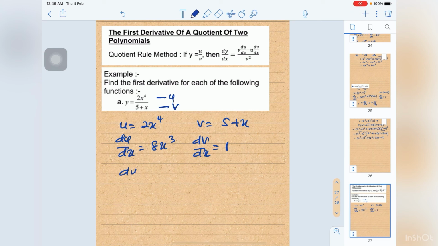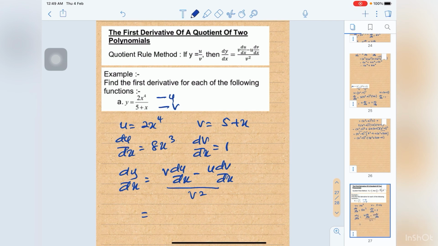So the formula dy/dx equals (v du/dx minus u dv/dx) over v squared. We substitute, we get (8x cubed times (5 plus x) minus 2x^4) over (5 plus x) squared.